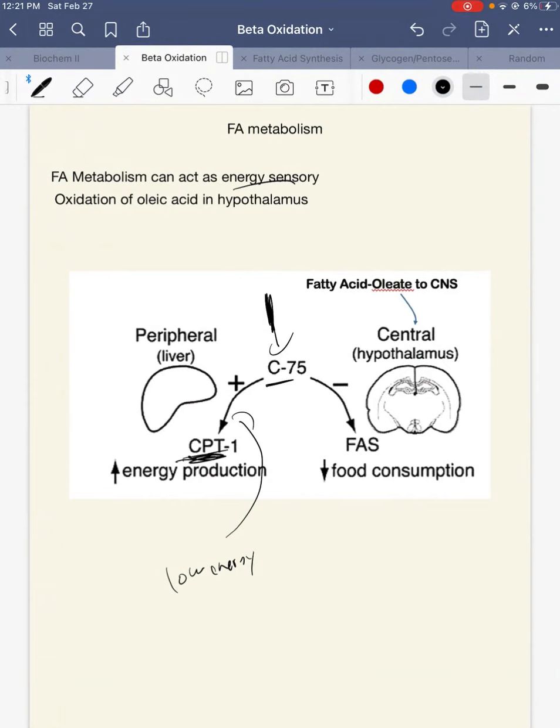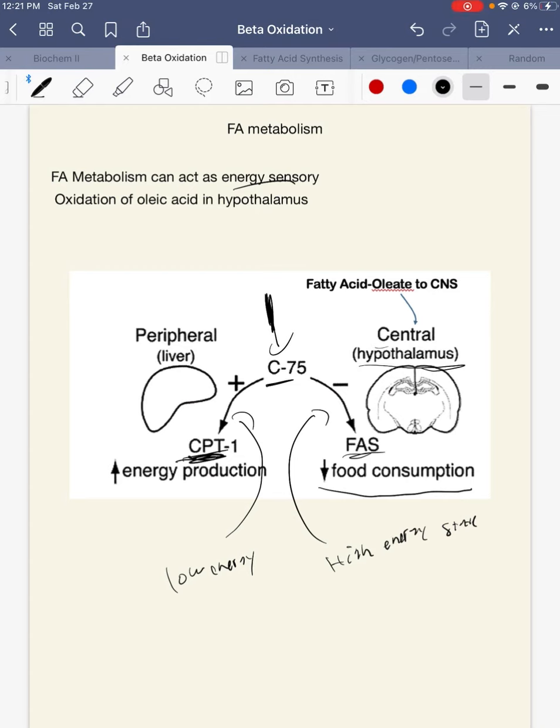Okay, if we're in a high energy state, we have enough fatty acids, right? So then we can inhibit fatty acid synthase and decrease food consumption, and this happens in the hypothalamus.